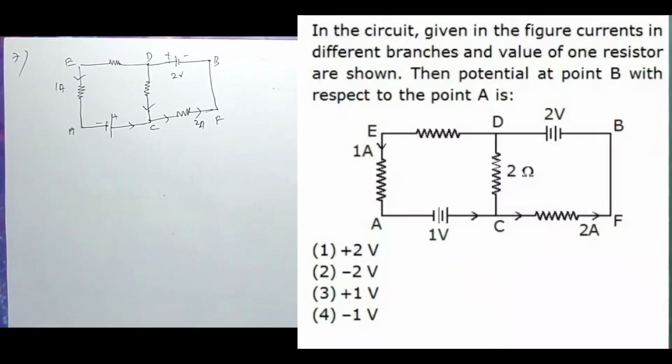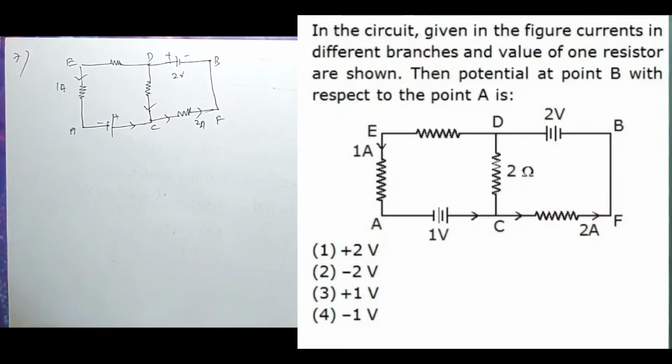In this problem, in the circuit given in the figure, currents in the different branches and the value of one resistor are shown. Then the potential at point B with respect to A is? That means they ask VB minus VA.